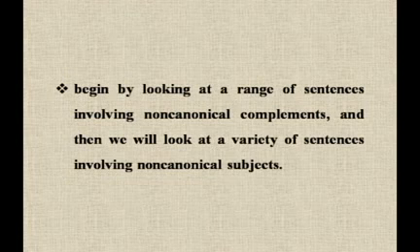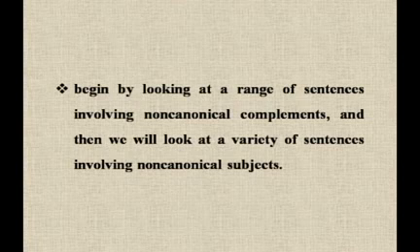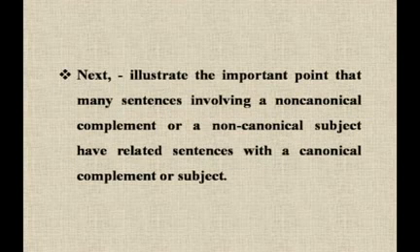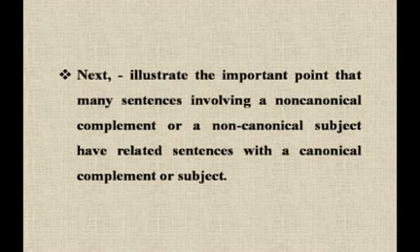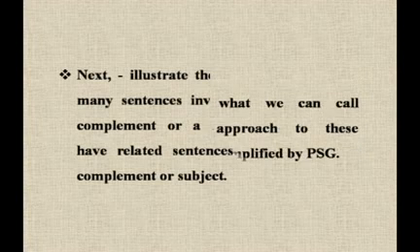We will begin by looking at a range of sentences involving non-canonical complements, and then we will look at a variety of sentences involving non-canonical subjects. Next, we will illustrate the important point that many sentences involving a non-canonical complement or a non-canonical subject have related sentences with a canonical complement or subject.